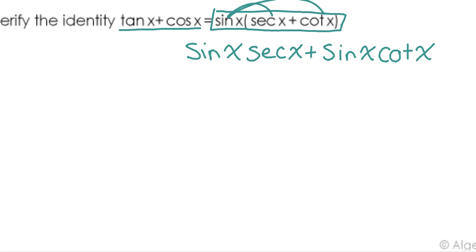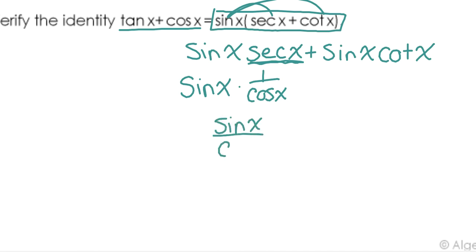So for sine of x, I know that I can leave that and I can change the secant of x to 1 over the cosine of x. So when I simplify that, I get sine of x over cosine x, and I know that is tangent x. So I've confirmed this first part.